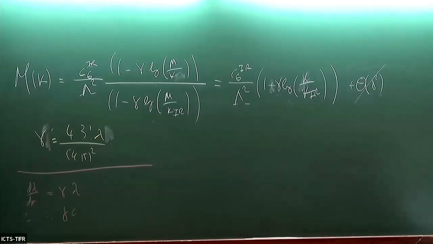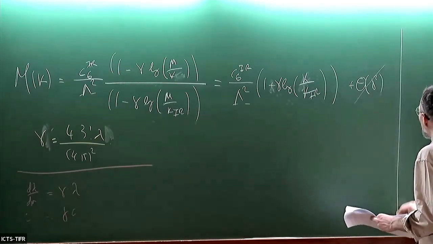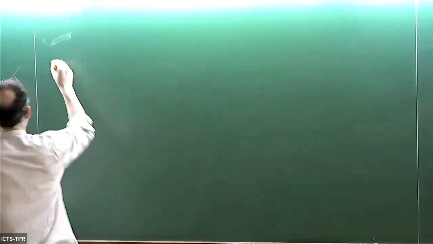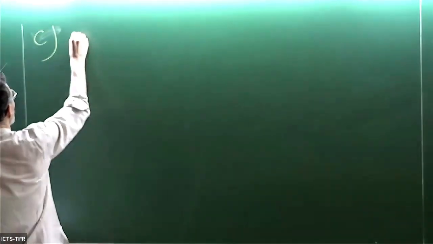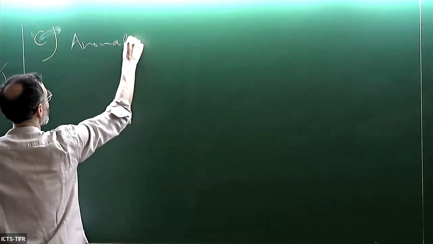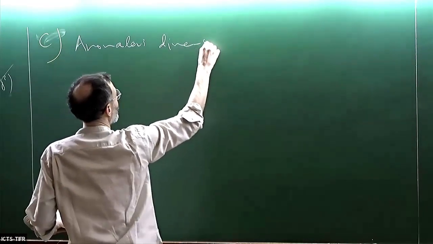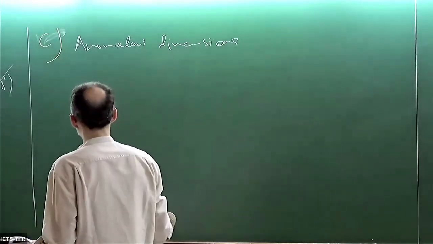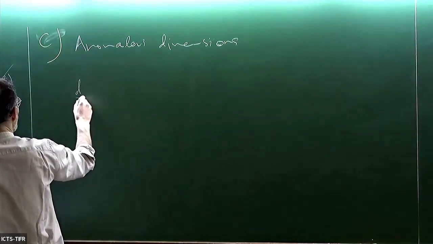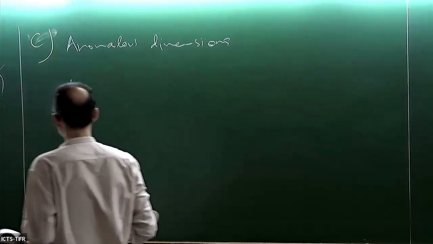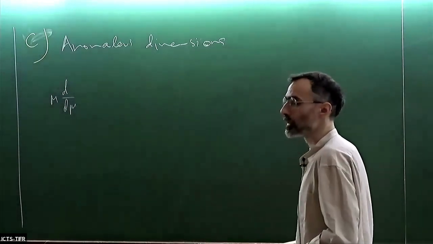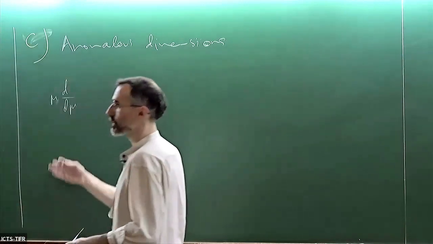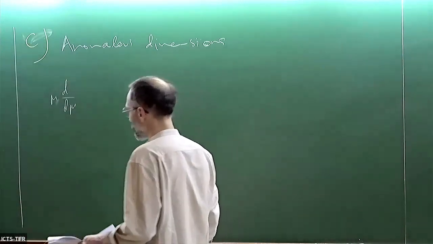Now we can look at anomalous dimensions. This is part C. The basic observation is that mu was a proxy, a mediator to the final answer, which tells me that any physical observable, once it's expressed in terms of other experimental inputs, should not depend on mu.